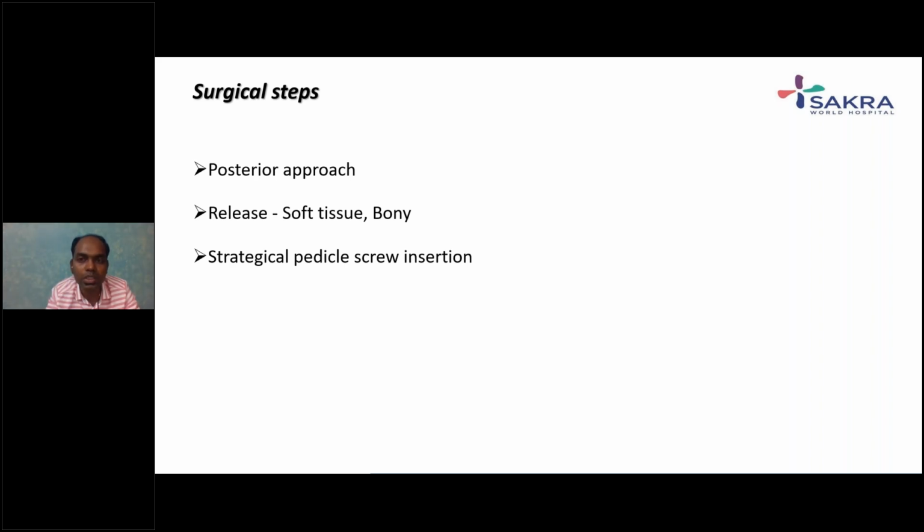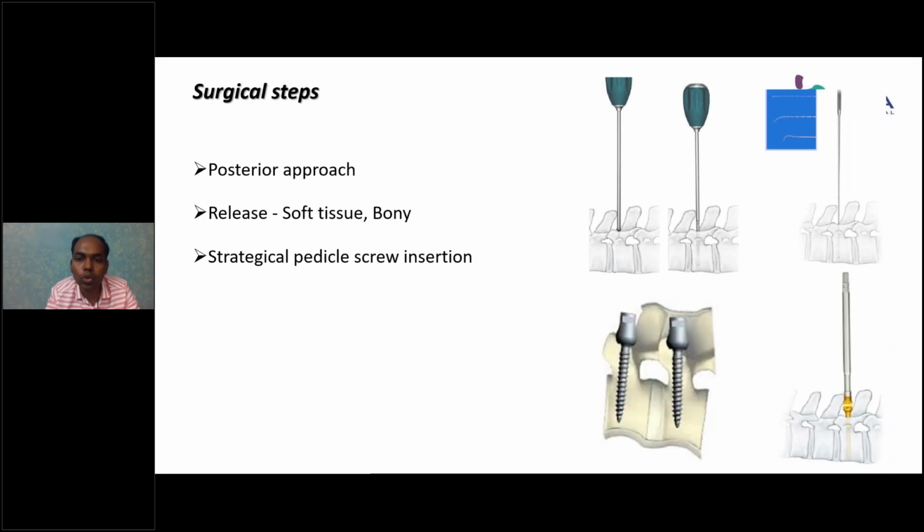And once pedicle screw insertion is done, the next most important reduction maneuver which I start doing is I would contour the rod in a differential way. As I told you before, I do a hypokyphosis on the convex side and hyperkyphosis on the concave side.